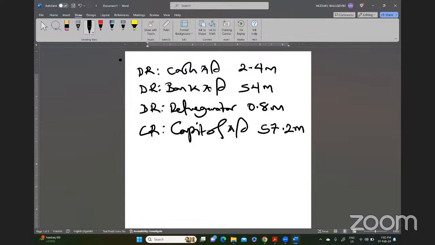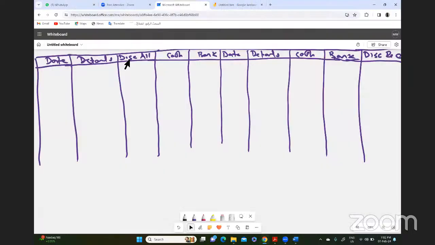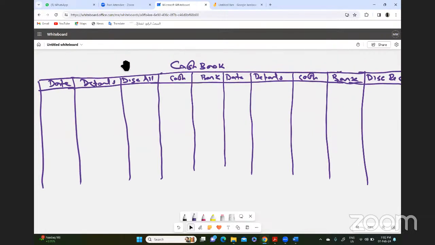Okay. So meaning from this transaction, we need a bank account, we need a cash account, we need a refrigerator account, and then we need a capital account. But for cash and bank, we already have a cash book. Are we together? So we are going to pass a debit at once because we have our cash book here. Mine is here.